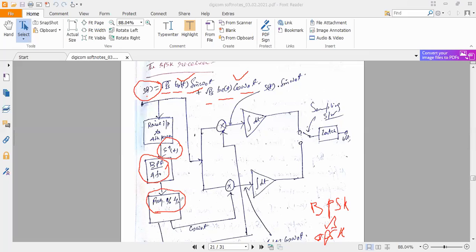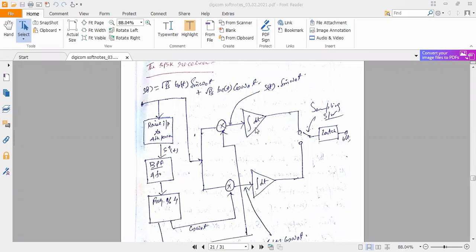So now here we use a frequency divided by 4 circuit. If you use a double stage, first divided by 2, then divided by 2 again, so ultimately divided by 4. So this is the case.